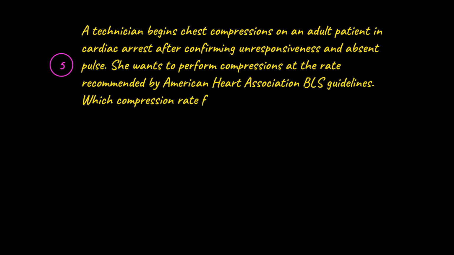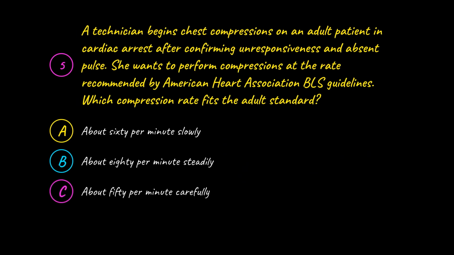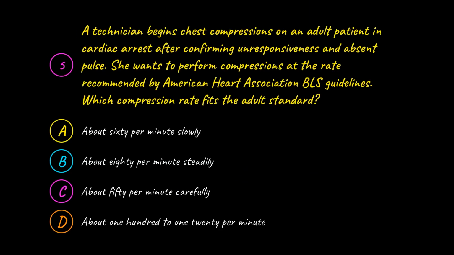Which compression rate fits the adult standard? Your options are A. About 60 per minute slowly, B. About 80 per minute steadily, C. About 50 per minute carefully, D. About 100 to 120 per minute. Pick one. Trust your gut. Here's your chance to test yourself.